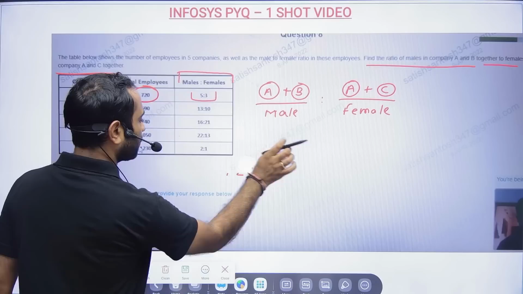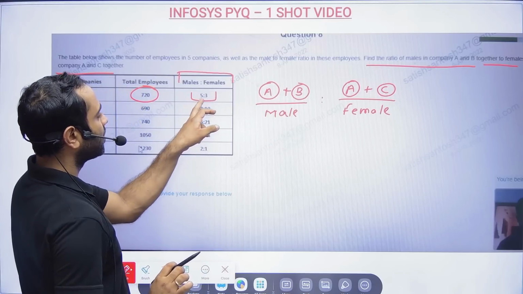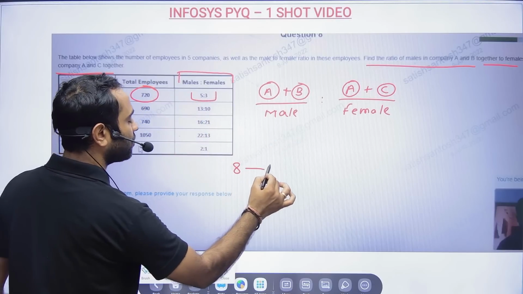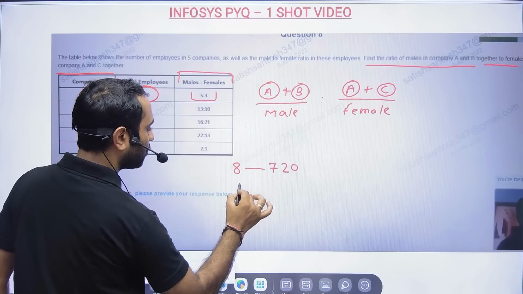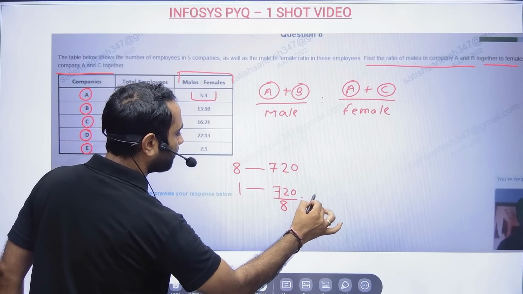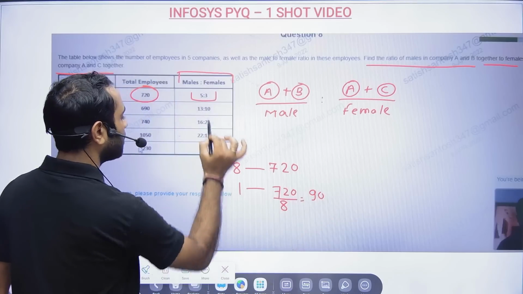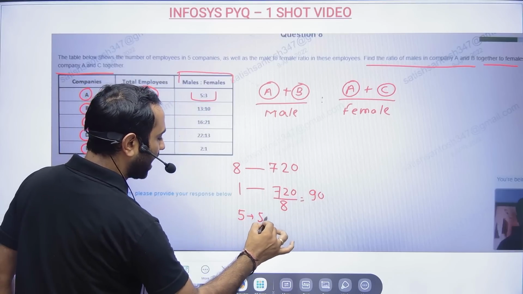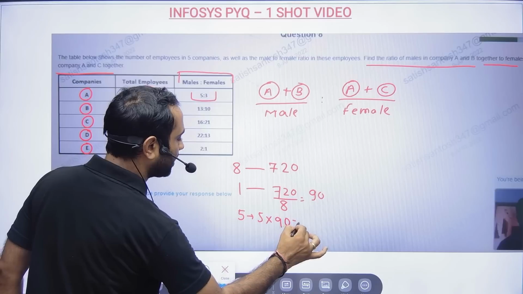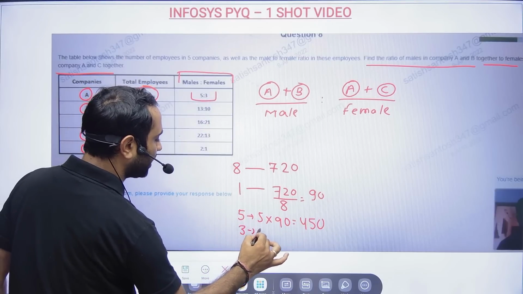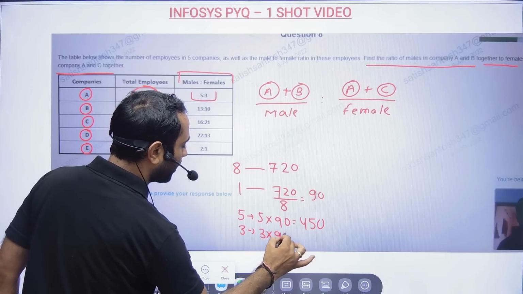An easy way: 5 plus 3 is 8. 8 units equal 720, so 1 unit equals 720 by 8, that is 90. Male is 5 units, so 5 into 90 is 450, and female is 3 units, so 3 into 90 is 270.